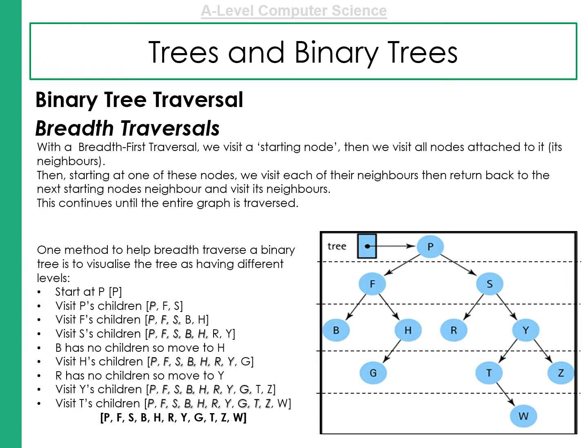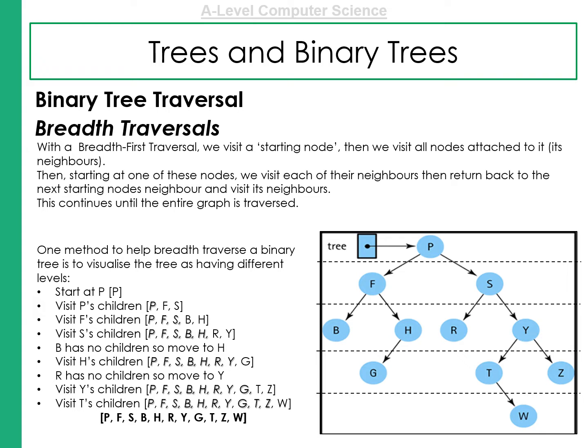The first way we're going to think of is a breadth traversal. We always have a starting node, and in this example we're using P as our starting node. We then visit P's children. So P's children, we visit P, and the first one is F. So as you can see at the bottom, we've started to list out this algorithm.